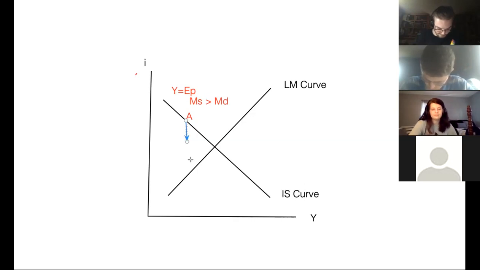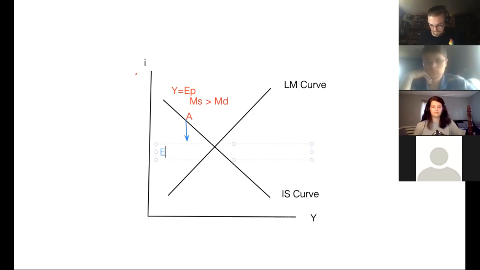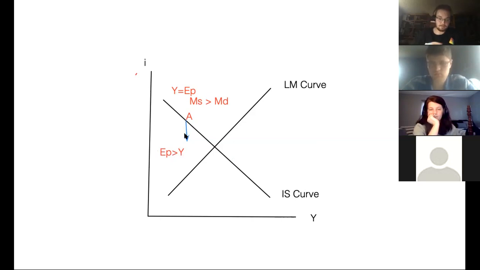So I think it's true that where we are now, EP is greater than Y. Yay. Okay, does everybody see that? As we fall from A, lower interest rates increase autonomous expenditure and shift the EP line up. And so now we have a situation where EP is greater than Y.